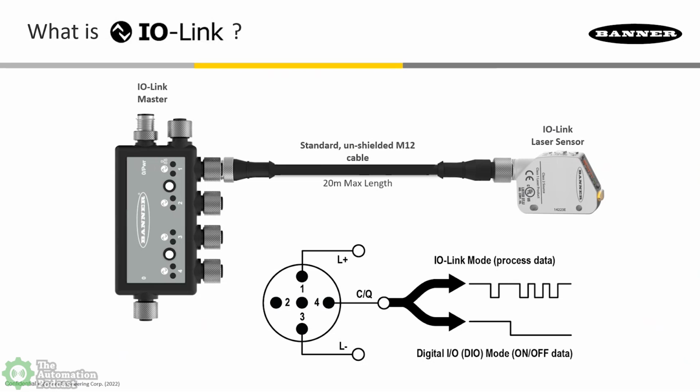If we look at the late 90s and 2000s, we started to see photo eyes with margin indication and little displays on them where you could program them, do neat things, and get additional information out of them. But before IO-Link, they were still just sending an on or an off to the controller. Yep.